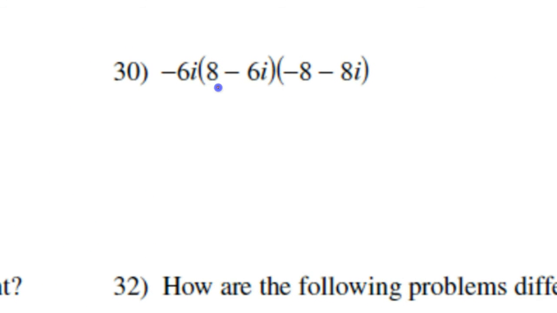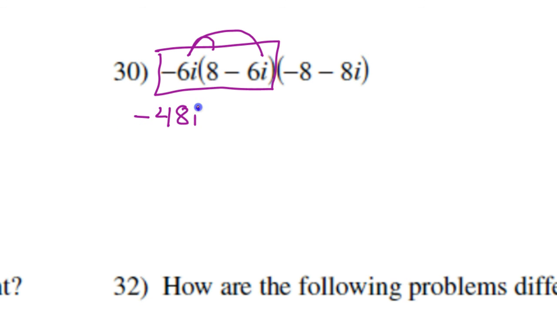Okay, 3 things to multiply together. So I'm just going to do the first two first. If I distribute this negative 6i, that's going to give me negative 48i and positive 36i squared.